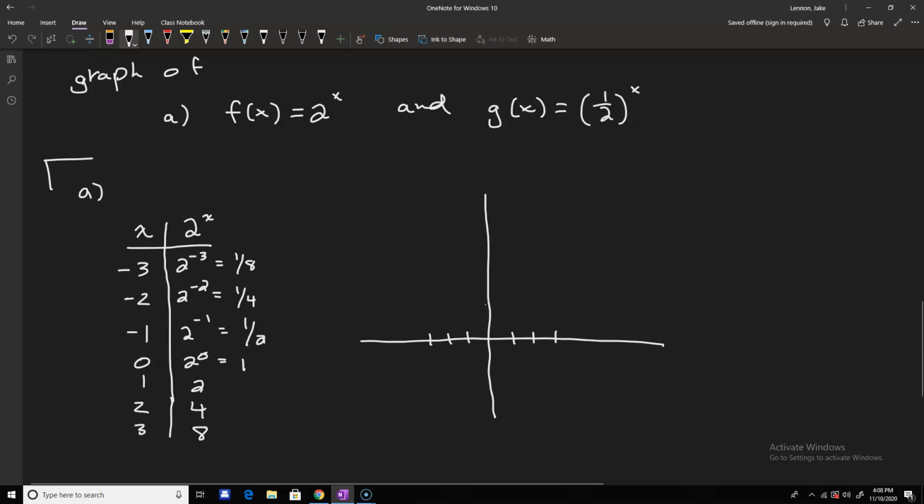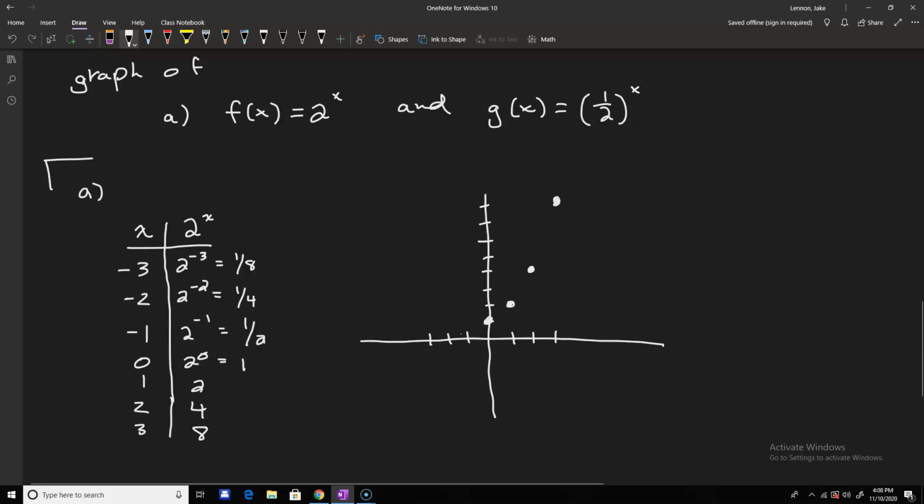So I've got all my x values, trying to keep everything to scale. Okay, why don't we start with the y-intercept, the one right in the middle. At 0, we're at 1, then at an x value of 1 we hit 2, at 2 we hit 4, and at 3 we hit 8.